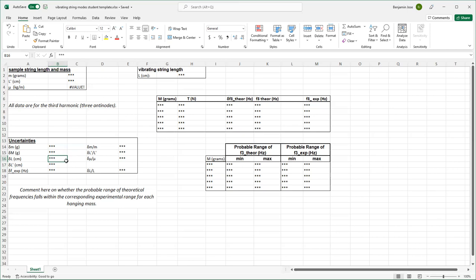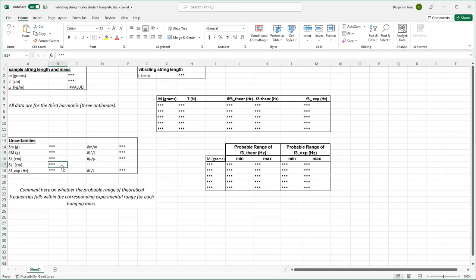It could be displaced by a half a centimeter or so from the stem itself. And by stem, I mean the little part that poked up from the oscillator that you attached the string to. So pick a reasonable number for that uncertainty. Obviously 5 centimeters is too much, right? You should have been able to judge that length to within an amount less than 1 centimeter.